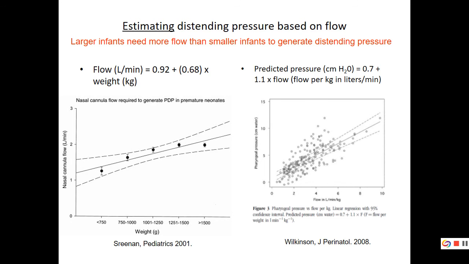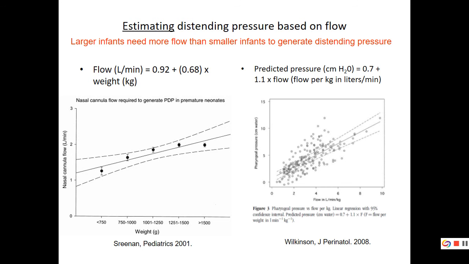What we do know, people have tried to study and estimate the flow, and at what flow generates what pressure is kind of what they're trying to ask. And there's a couple of different equations you can try to use to estimate them, and they all depend on the baby's weight. And the bottom line is that larger infants need more flow than smaller infants to generate the same distending pressure.